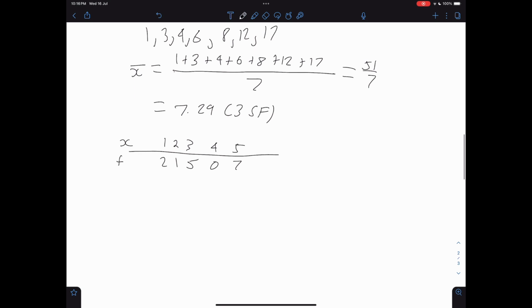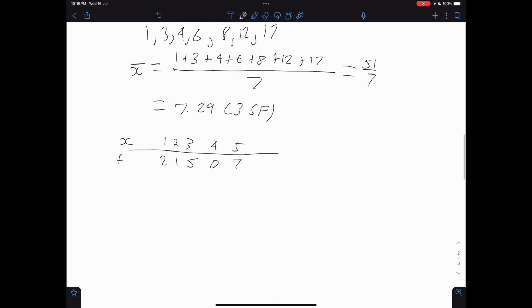Your mean would be, it's fairly intuitive, you'd have to count each number however many repeats the table tells you to. So you'd have to count 2 1s, 1 2, 5 3s, 0 4s, and 7 5s, and then divide it by the sum of the frequencies.